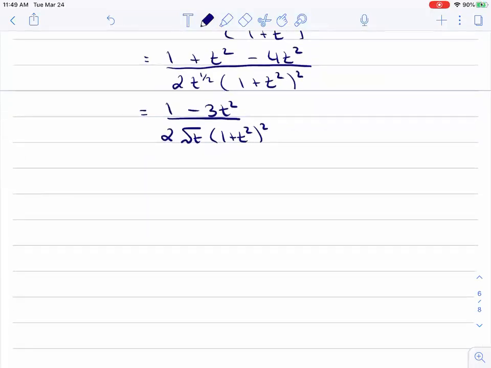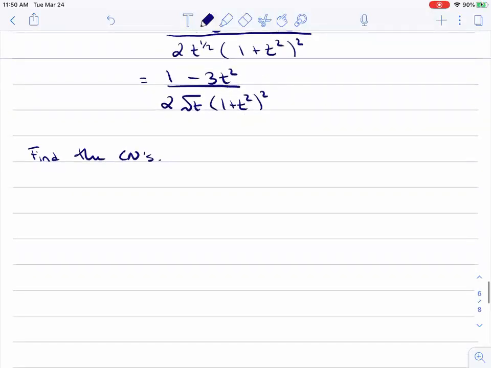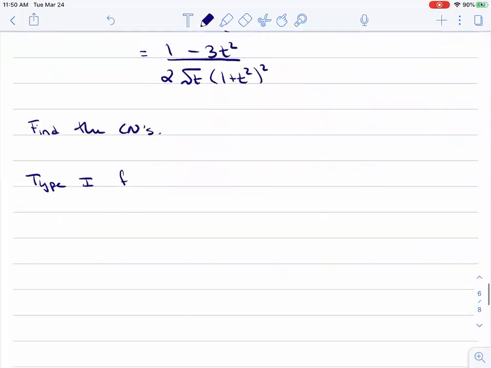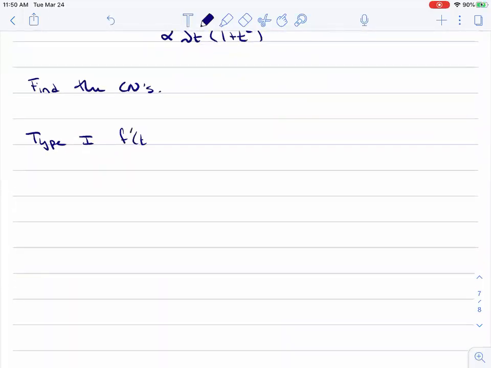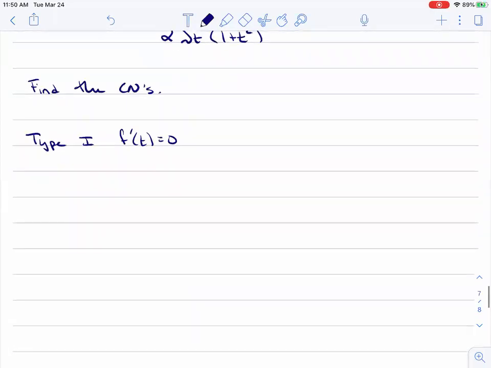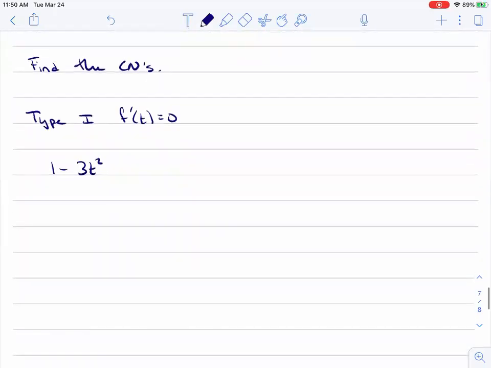So now find the critical numbers. We'll start with type 1, which is where f prime of t equals 0. We've got this fraction, so f prime of t is 0 when the numerator is 0. So 1 minus 3t squared equals 0.